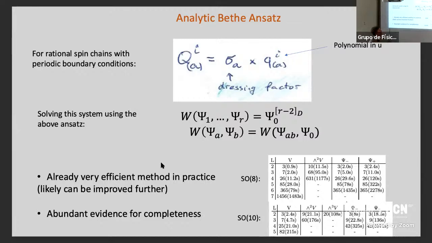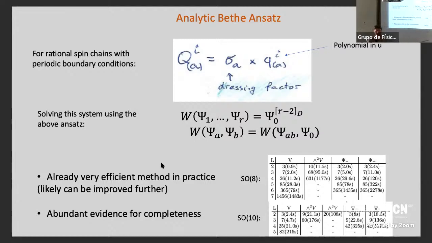So in reality, we've shown that these two Wronskian equations with finite Wronskian can fully replace Bethe equations for SO(2r) series. By asking that these equations are satisfied by functions with this ansatz, we crank the numbers and are able to find the first several thousand explicit solutions for SO8 and SO10 spin chains.